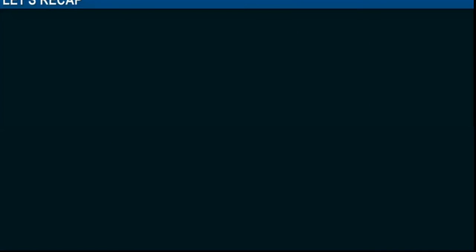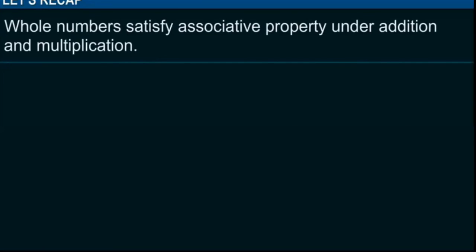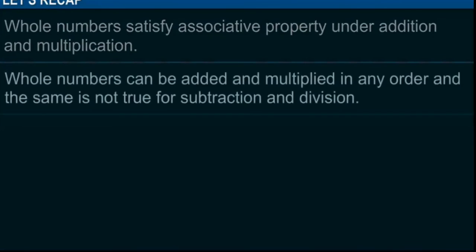In this module, you learn that whole numbers satisfy associative property under addition and multiplication. Whole numbers can be added and multiplied in any order. And the same is not true for subtraction and division.